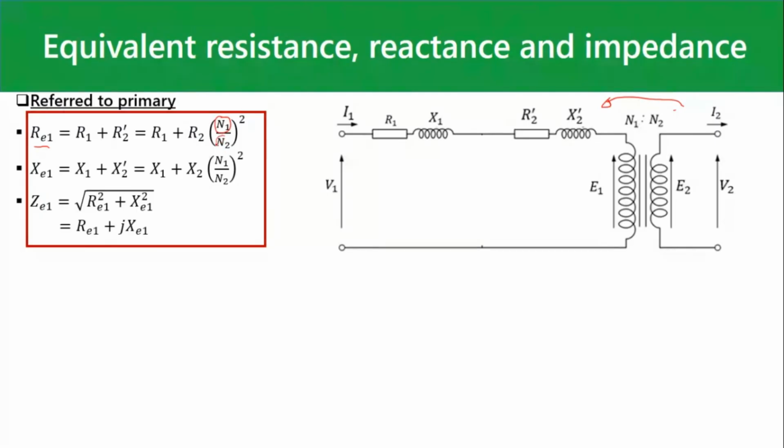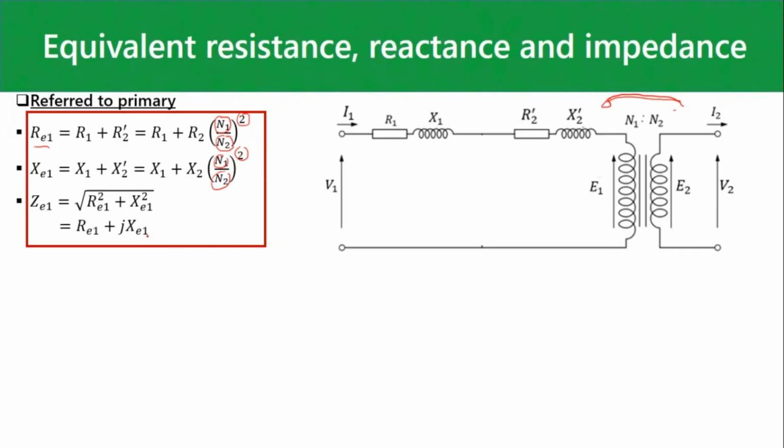Primary over secondary, referring this way. Okay, XE1 is exactly the same: X1 plus X2 prime, again, primary over secondary. And don't forget, I've seen people forget the squared. And then your ZE1 is just RE1 plus jXE1.